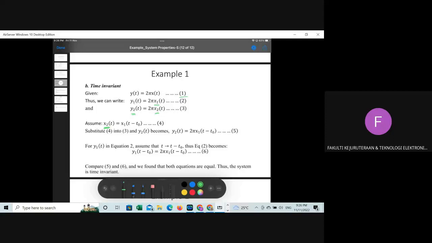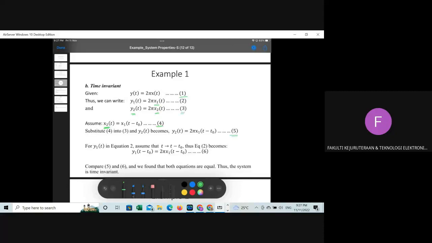So x2 is actually x1 delayed, x2(t) equals x1(t minus t naught). Substitute this into equation 3, and equation 3 now becomes equation 5.